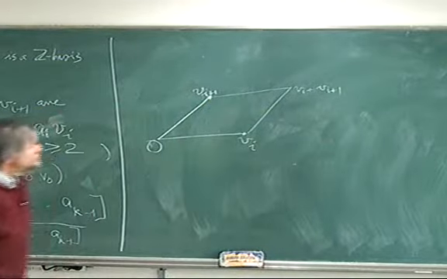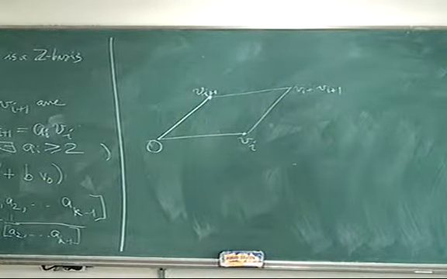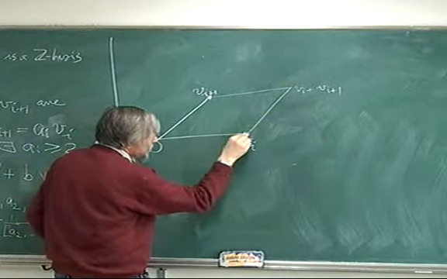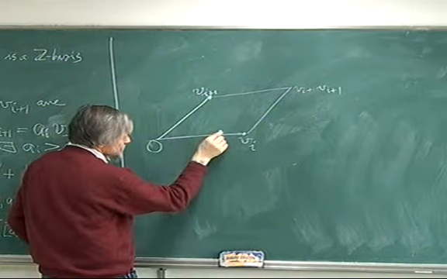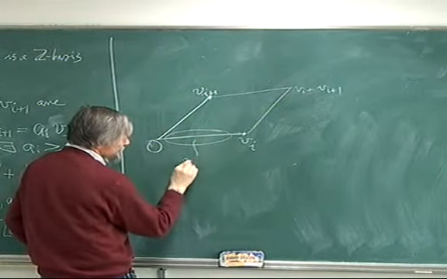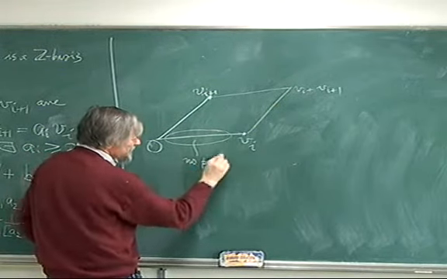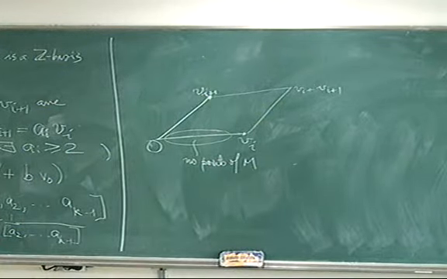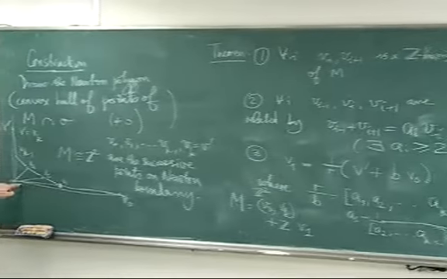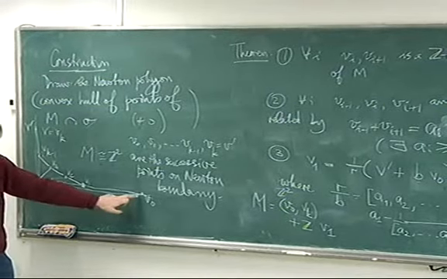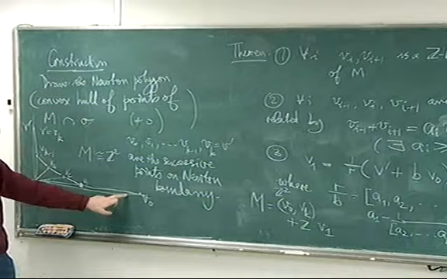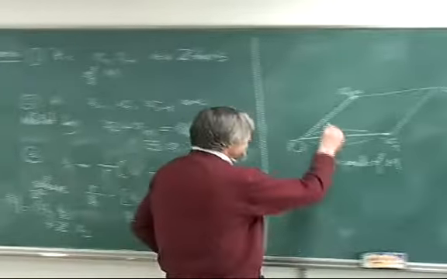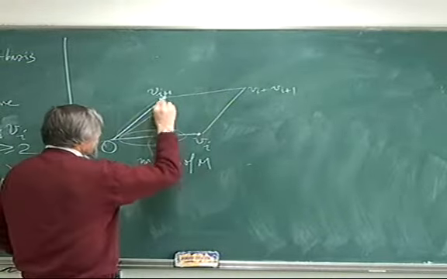Okay, and what do I know? Well, there are no lattice points along there. So here, no points of M. In the first instance, that's because the V0 here was a primitive vector. From then on, it just follows by induction. So there are no lattice points along there.